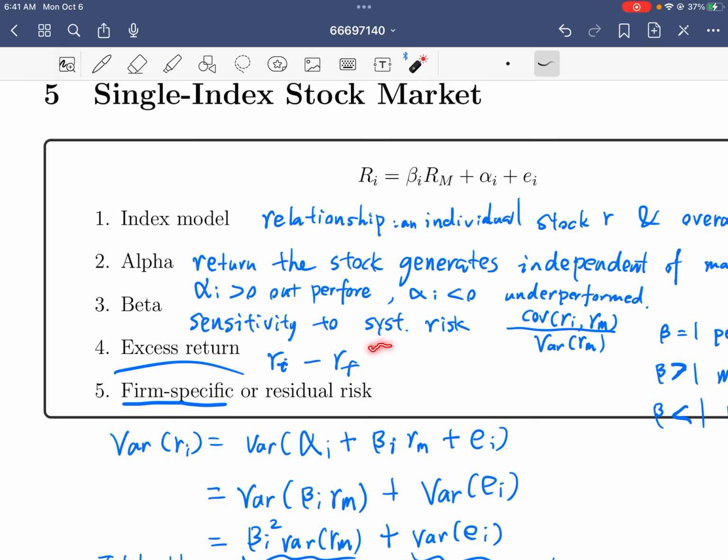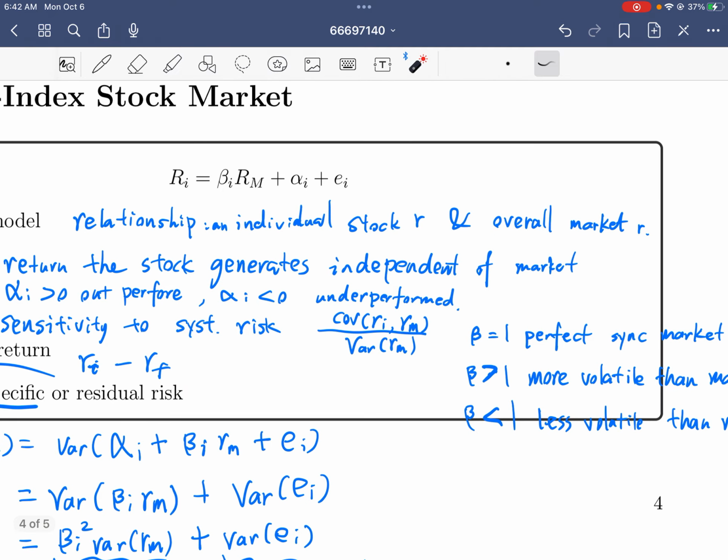The beta is the sensitivity to the systematic risk, and the systematic risk is the variance of the market. Beta is the covariance of the individual stock and the market over the variance of the market.